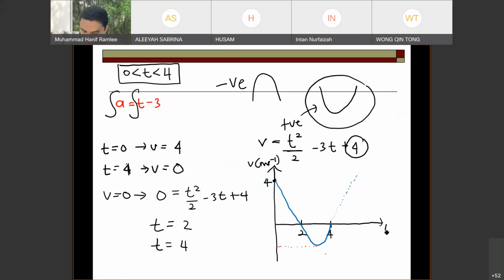This one should be T in seconds. All right. So in order to determine this time, what we should do actually, what is the value for V here? The red color here.